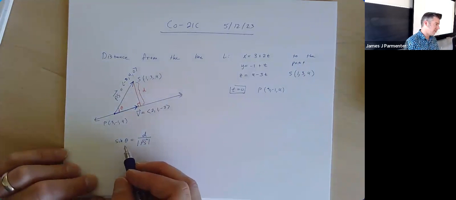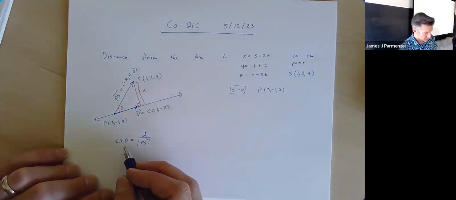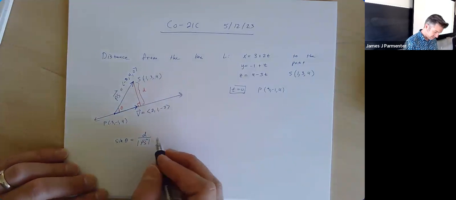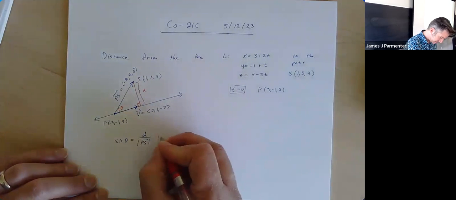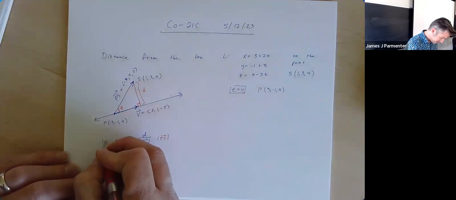I know since I've got sine, I want to make the cross product show up. So I'm going to multiply both sides by the magnitude of PS. I'm going to do it the smart way this time.